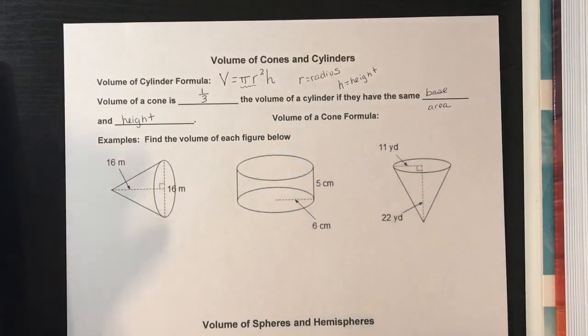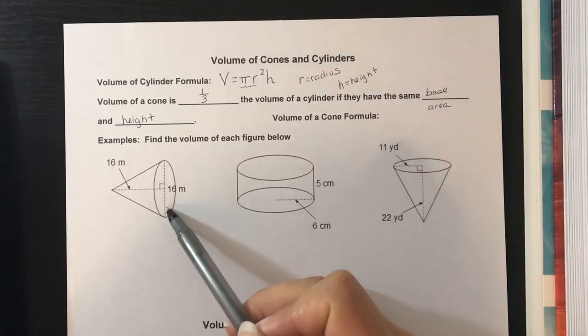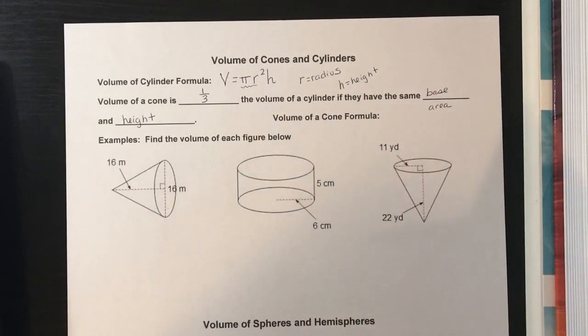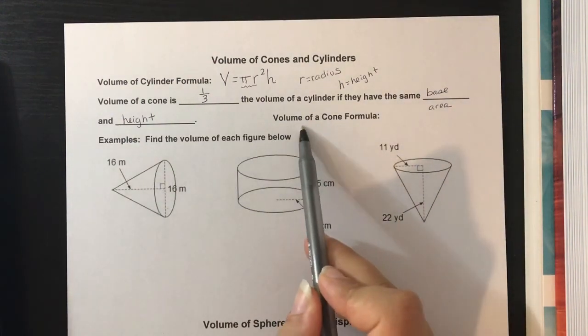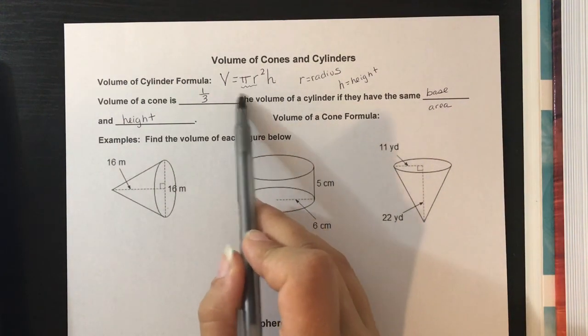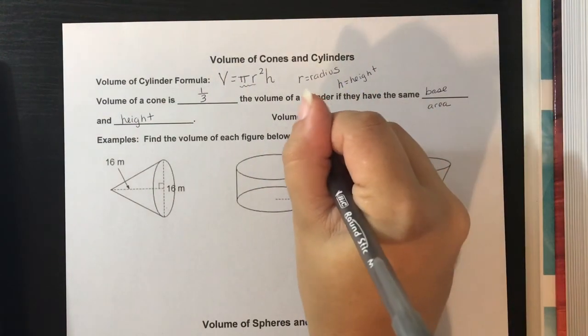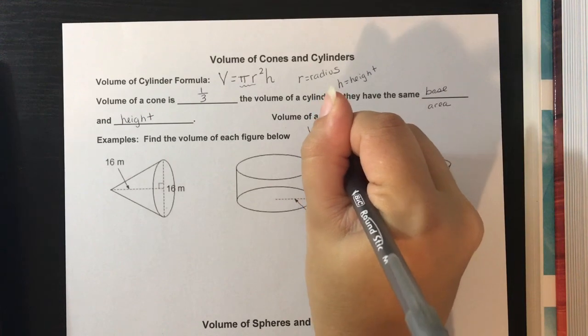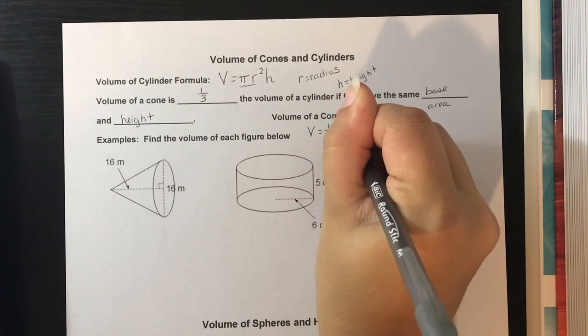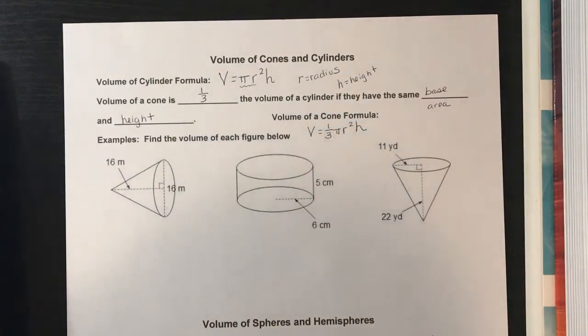So if they have the same base and height, it would take 3 cones to fill one of those cylinders. So the volume of a cone formula is the same as a cylinder, except it will have a 1/3 in front of it. So for the volume of a cone, it will be 1/3 pi r squared h. R is still radius, h is still height.